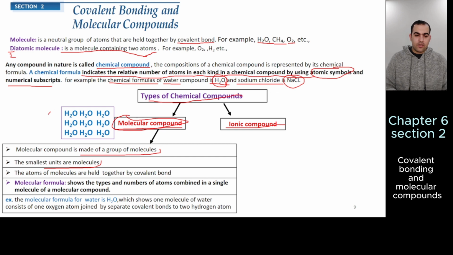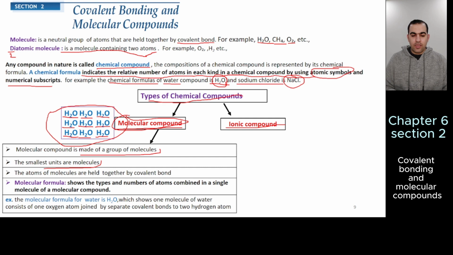Look at here, this is a water compound, and the water compound is made of a group of molecules. Here the basic units are molecules. The H2O molecule is the basic unit. A group of H2O molecules makes a water compound.